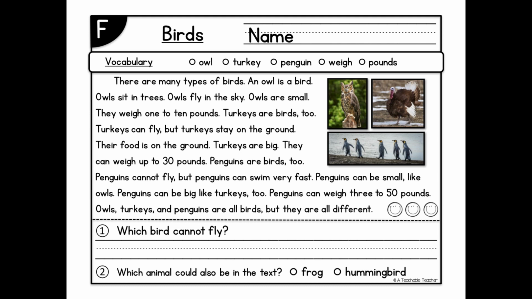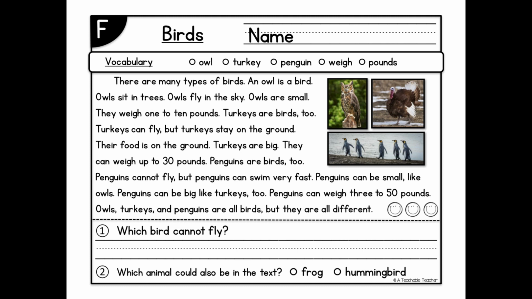Penguins are birds too. Penguins cannot fly, but penguins can swim very fast. Penguins can be small like owls. Penguins can be big like turkeys too. Penguins can weigh 3 to 50 pounds. Owls, turkeys, and penguins are all birds, but they are all different.